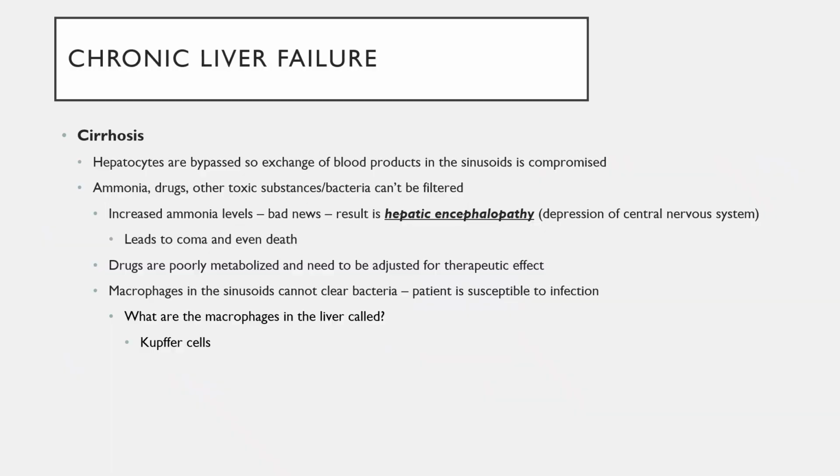Now let's break back into the liver, because the real tragedy of cirrhosis is happening at the microscopic level. When fibrosis redirects blood flow, hepatocytes are essentially bypassed. Blood that should percolate slowly through sinusoids is now rushing through abnormal channels. Less contact time equals less detoxification, and that brings us to ammonia.